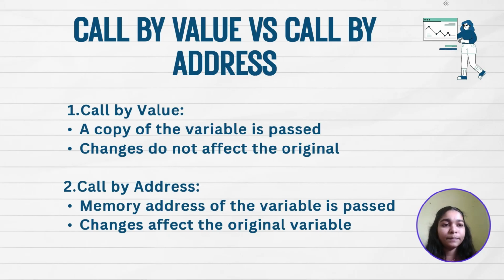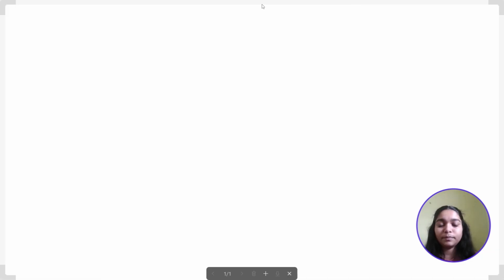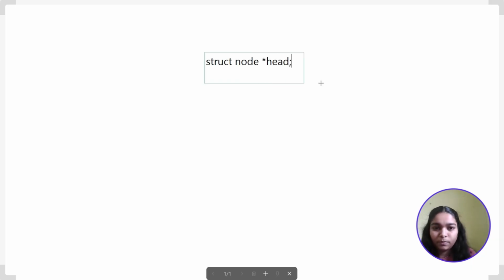Now let's say you have this function. Then you are just passing a copy of the head pointer to a function. This is called call by value. Any changes made to this copy won't affect the original head pointer inside the main function, right?